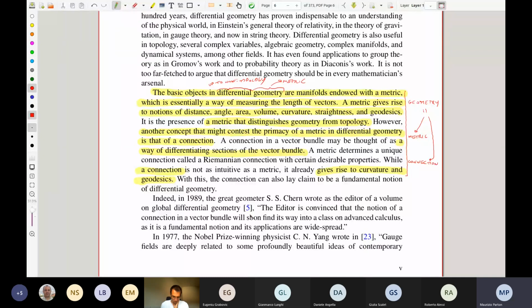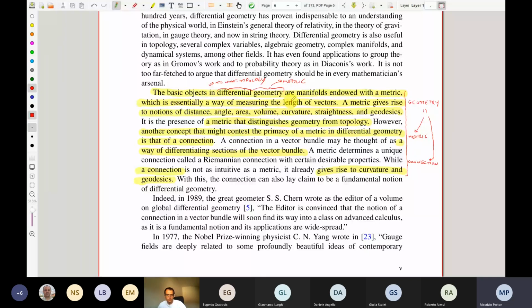So, as I already said, up to now we were doing something which is called differential topology, meaning just differential topology of the spaces, the differentiable manifolds without a metric in it. Now we are doing geometry with a metric. A metric is a way of measuring length of vectors.